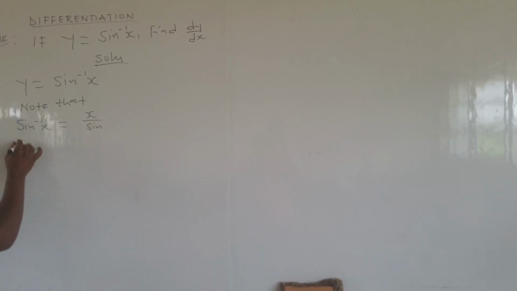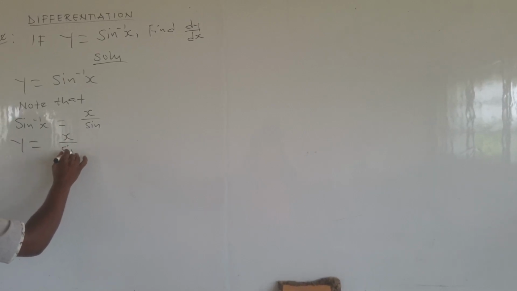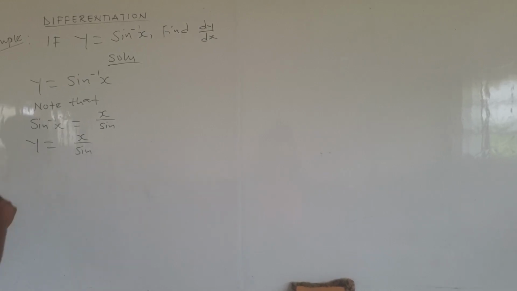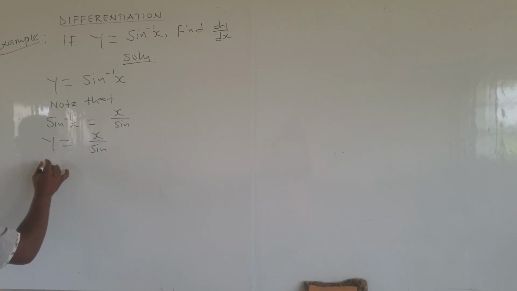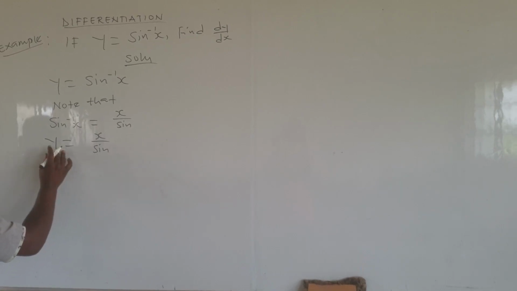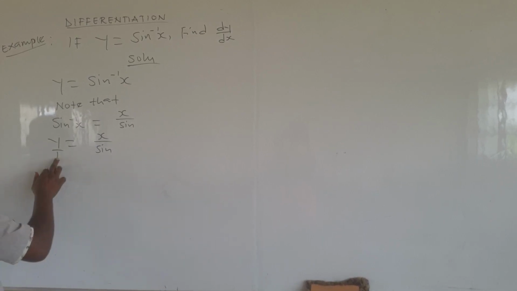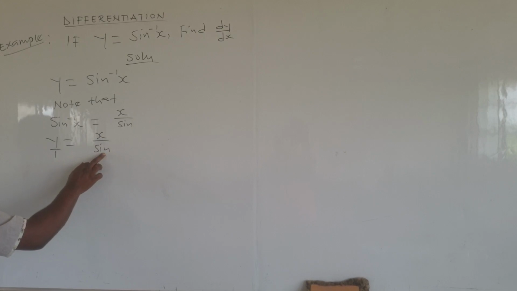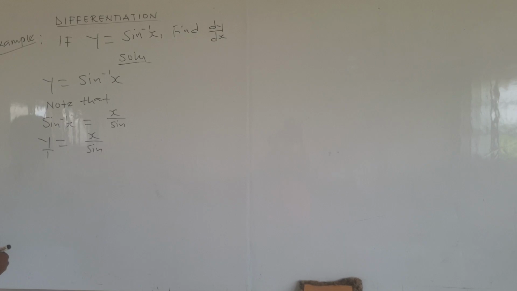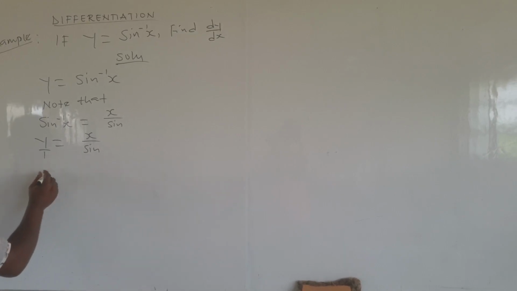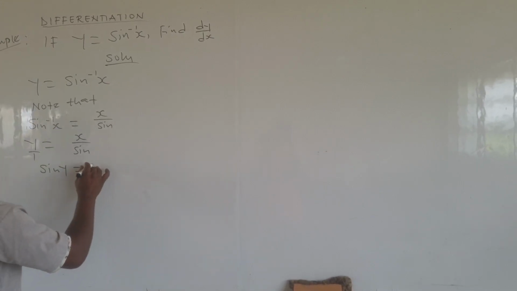So it implies that our y is equal to x over sine. Then what do we do? We are going to cross multiply. It implies that there is an invisible one here. This one will multiply x, then this side will multiply y. Is that clear? So if we cross multiply, we are going to have sine y is equal to x.